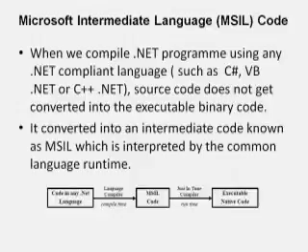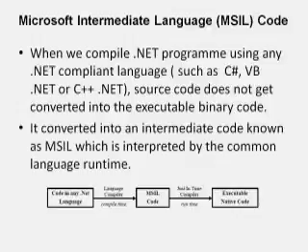When we compile our .NET program using any .NET language such as C#, VB.NET or C++.NET, our source code does not get converted into executable binary code, but an intermediate code known as MSIL, which is interpreted by the Common Language Runtime. MSIL is operating system and hardware independent code.